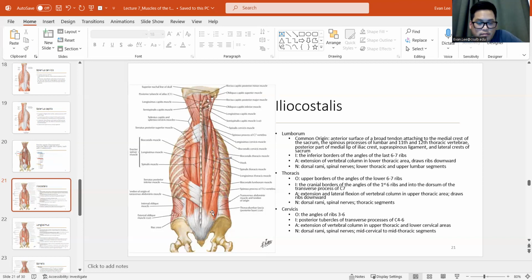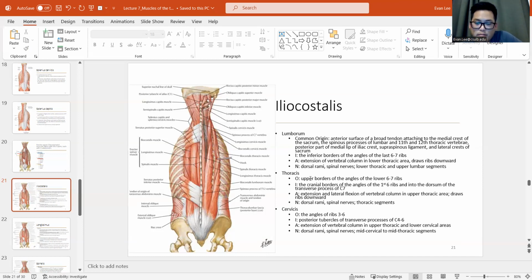Now, ilio, meaning ilium again, is going to be connected down here at the ilium, but also to some extent along the iliac crest. But then it is connected at the lumbosacral fascia down here before it extends upwards to the costals. So along the different regions, the iliocostalis lumborum goes to ribs 6 to 7 along the inferior angles.